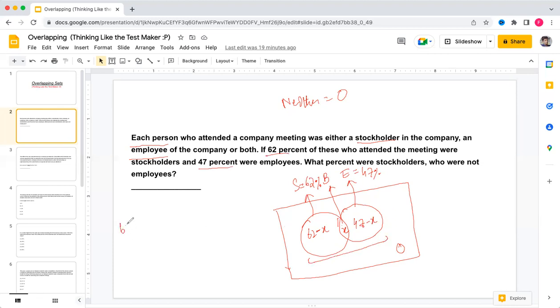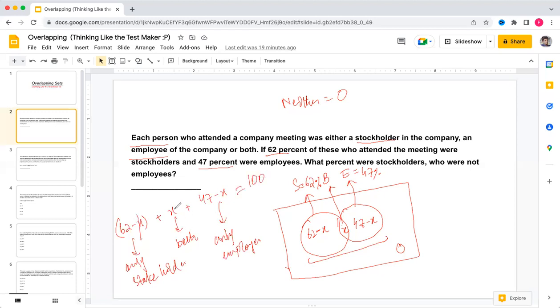So this will be 62 minus X, this is only stakeholder, plus X, which are both, plus 47 minus X, which are only employees. These must be equal to 100%.